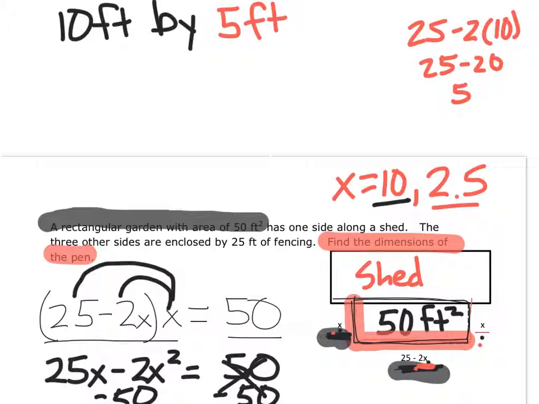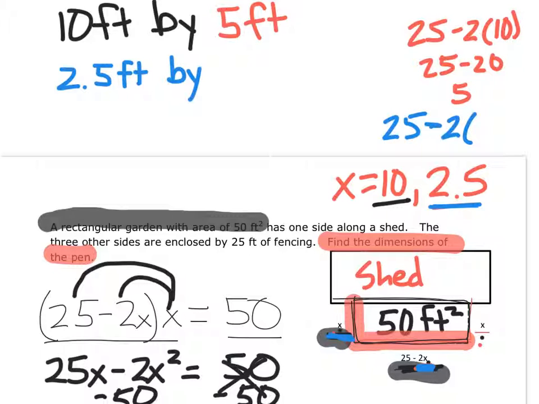The other possible answer is I can substitute the 2.5 in for the x here. So when I substitute it in for that x, I would get 2.5 by, now I'm going to substitute it in there, so 25 minus 2 times 2.5 is 25 minus 5, which is 20.